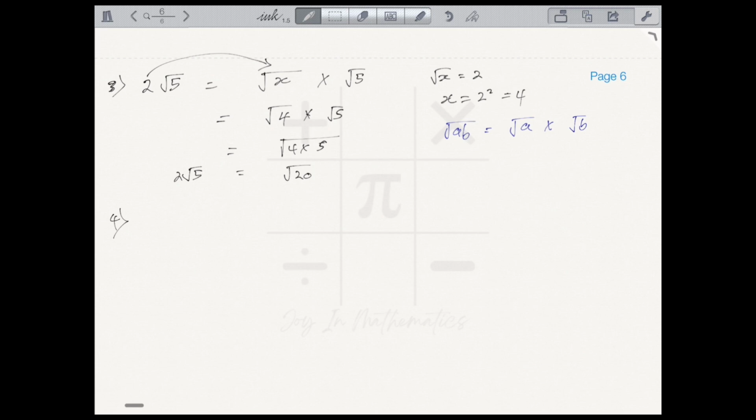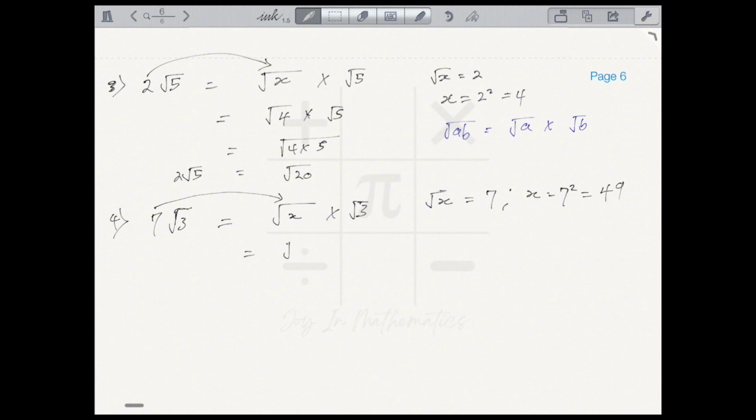Now let's take a final example on this matter. 7 root 3. We can write it as root x multiplied by root 3. What is x if the square root of x is equal to 7? Root x is equal to 7, and therefore x is equal to 7 squared, which is 49.